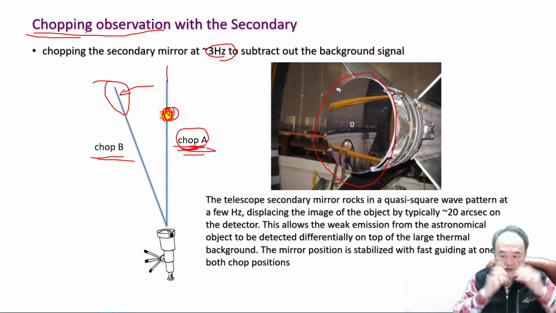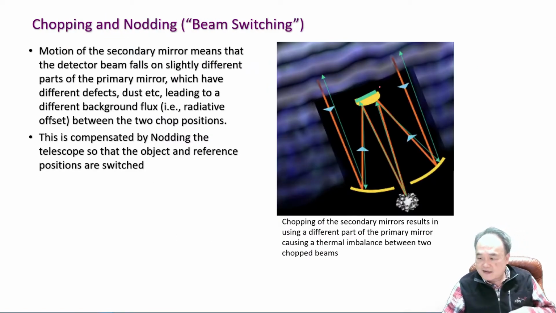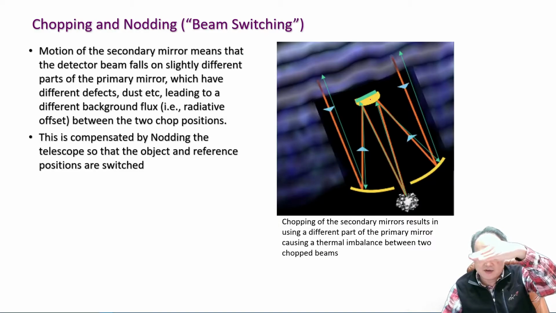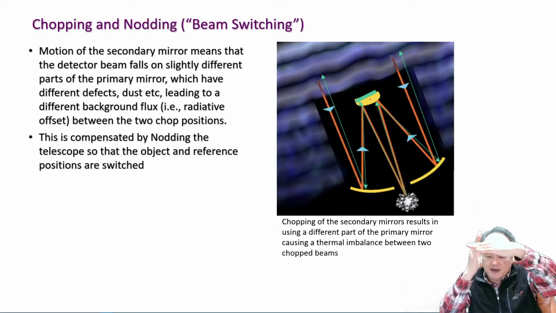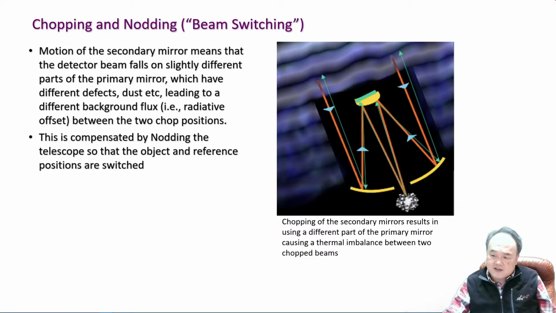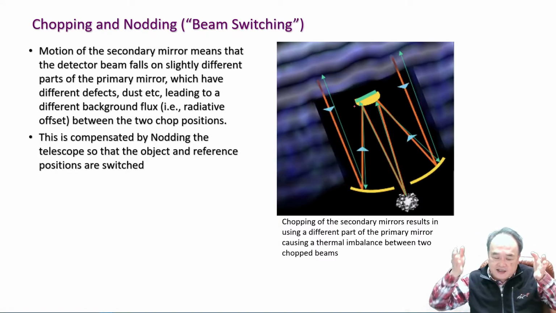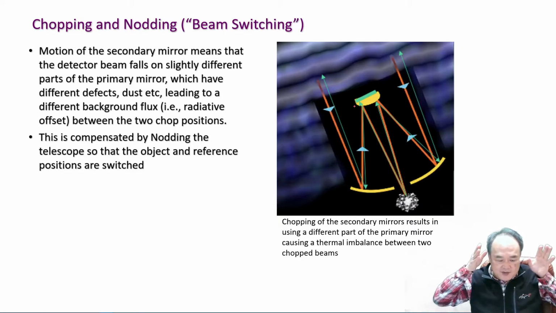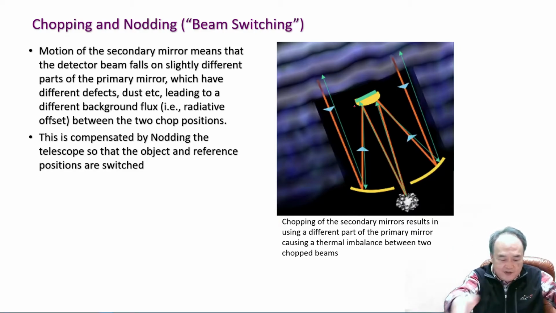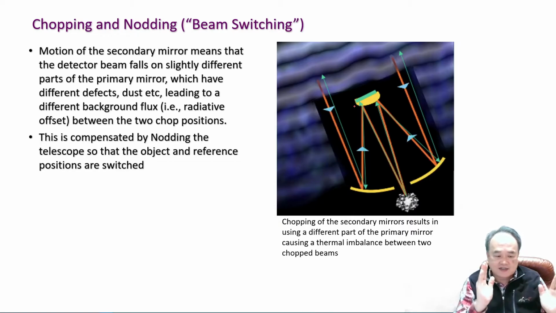Okay, so that idea is straightforward and neat. But the problem is that the secondary mirror is changing from chop A position versus chop B. In fact, the area that the secondary mirror is seeing on the primary mirror side is not the same.